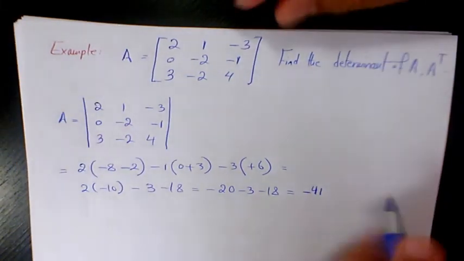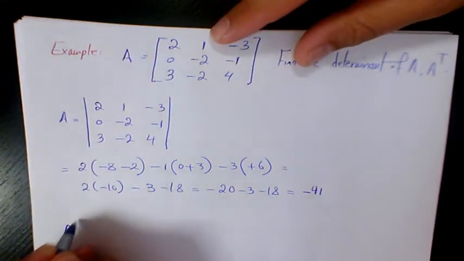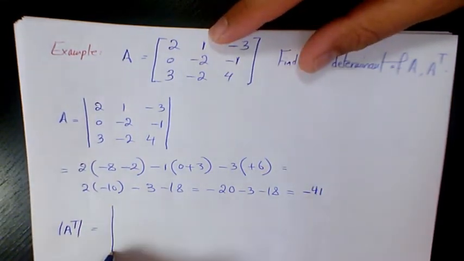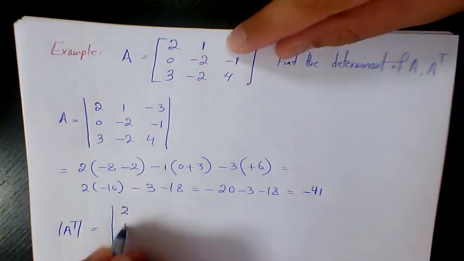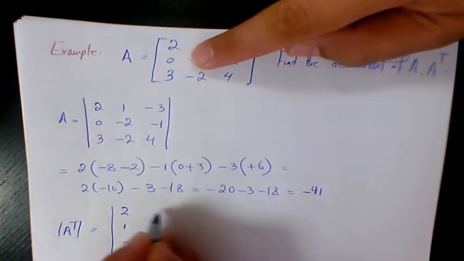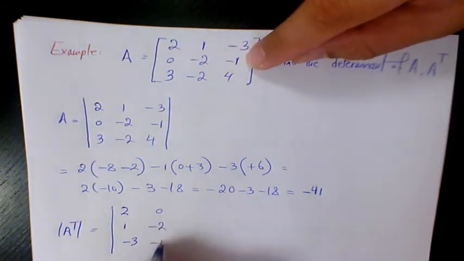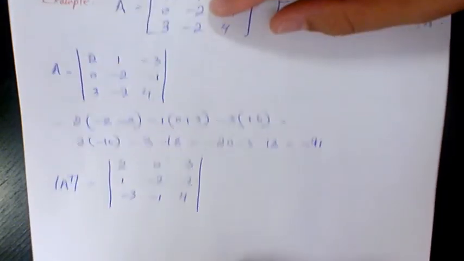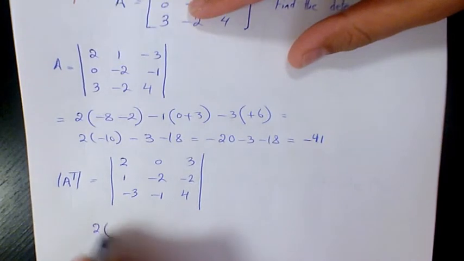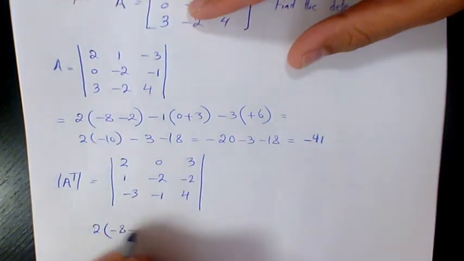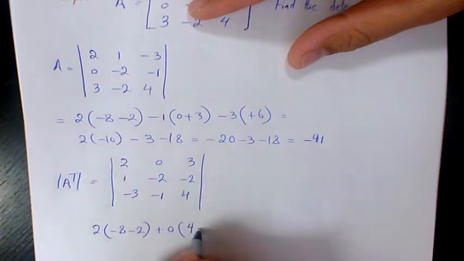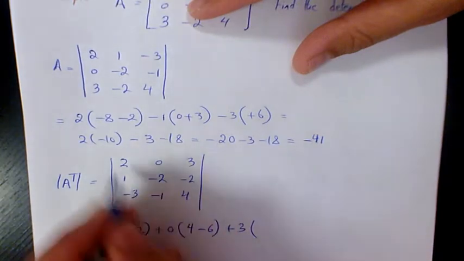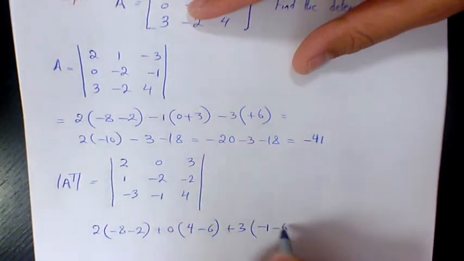Now let's look at the transpose of A. The determinant of the transpose is going to be 2, 1, negative 3, 0, negative 2, negative 1, 3, negative 2, and 4. So that's going to be 2 times negative 8 minus 2, 0 times the expression. It doesn't matter if we write it, but I'm going to write it, because 0 times any expression is 0, 3 times negative 1 minus 6.